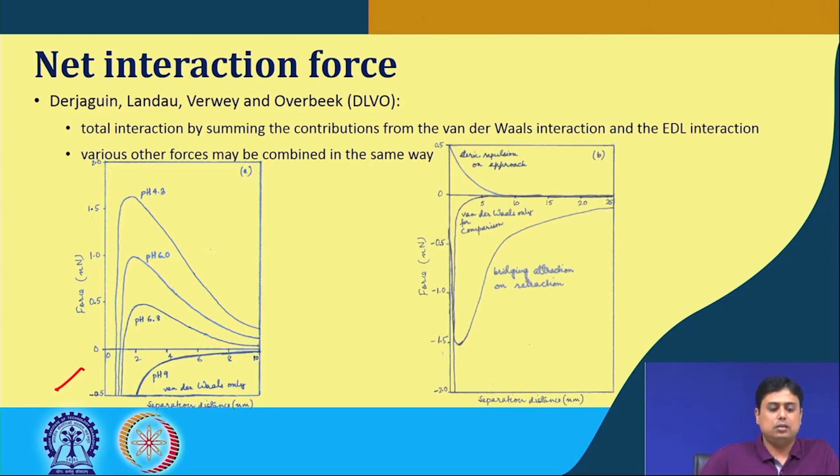As we increase the acidic nature of that solution, that means the pH is decreasing, in that case, we can see the zeta potential actually increases and that creates the repulsion, and then basically it overwhelms the van der Waals force. But at a shorter distance, van der Waals always dominates.